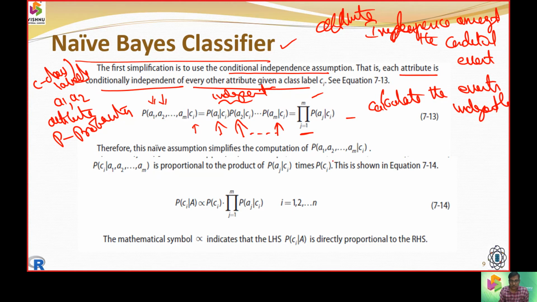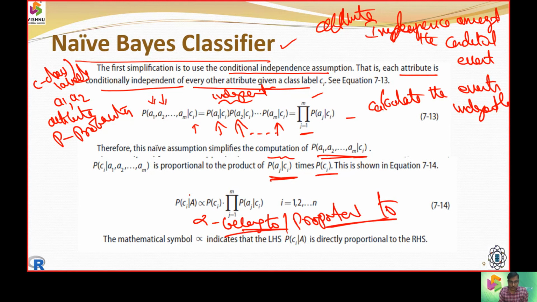So we work with the probability of different events, which is going to be the product of the first event with the actual class. Towards the class, how much contribution this independent variable is going to give. So we say it is proportional to the class.